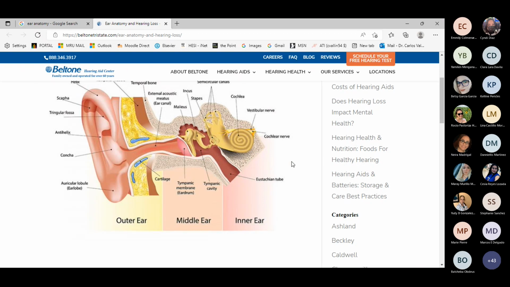For that reason, it's easy for the normal flora of the nose to migrate to the middle ear. So this is the main source of infection of the otitis media. Good? Okay, great.